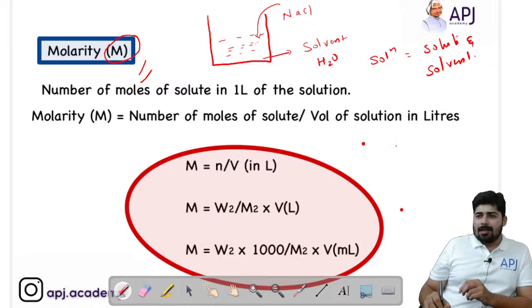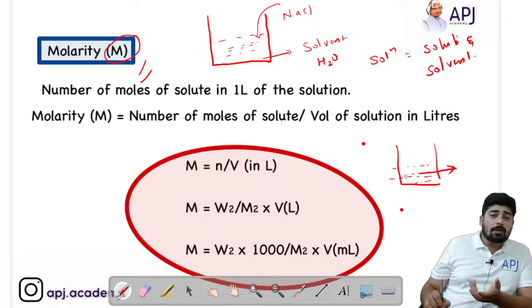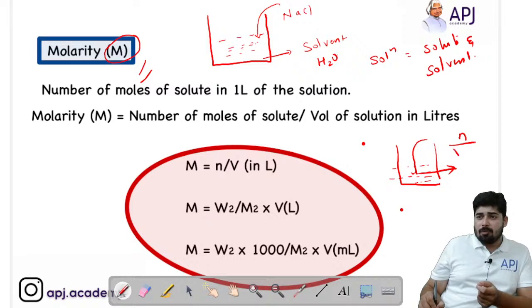Say, if I consider 1 liter solution, and I want to know the concentration of this solution, how am I going to consider it? You must know what moles of solute you have added. So the number of moles of solute divided by volume of solution in liters.